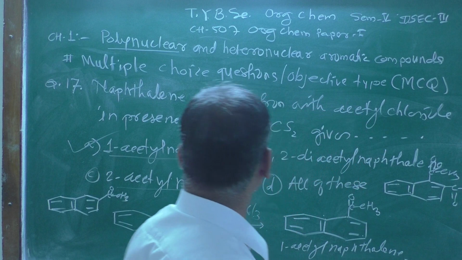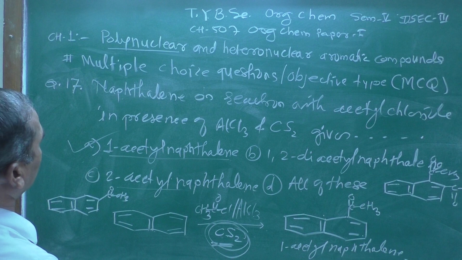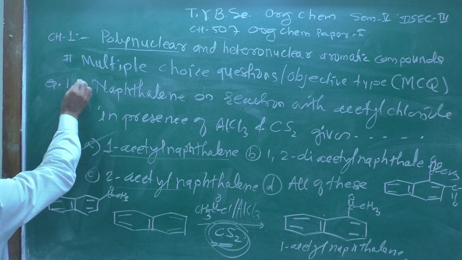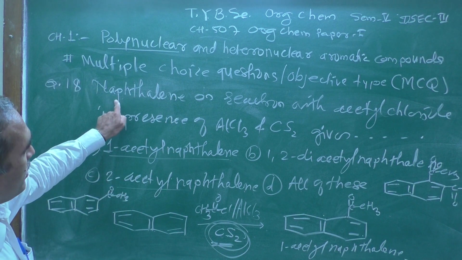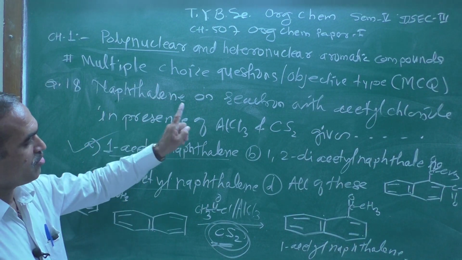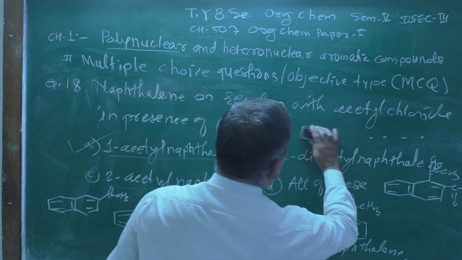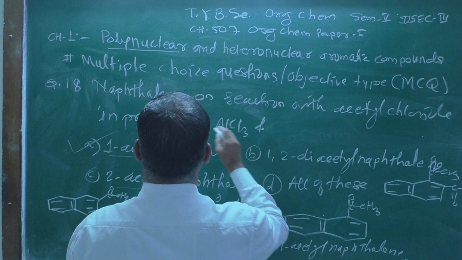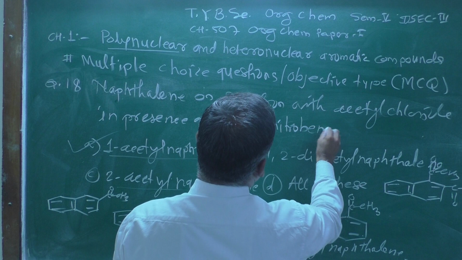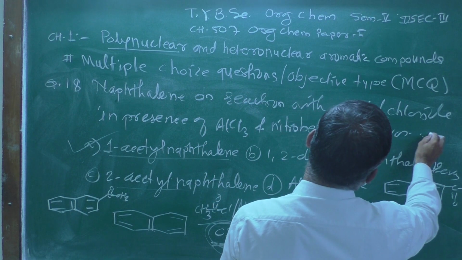And the same question I am repeating over here, question number 18. Naphthalene on reaction with acetyl chloride in presence of aluminum chloride and nitrobenzene gives dash dash dash.